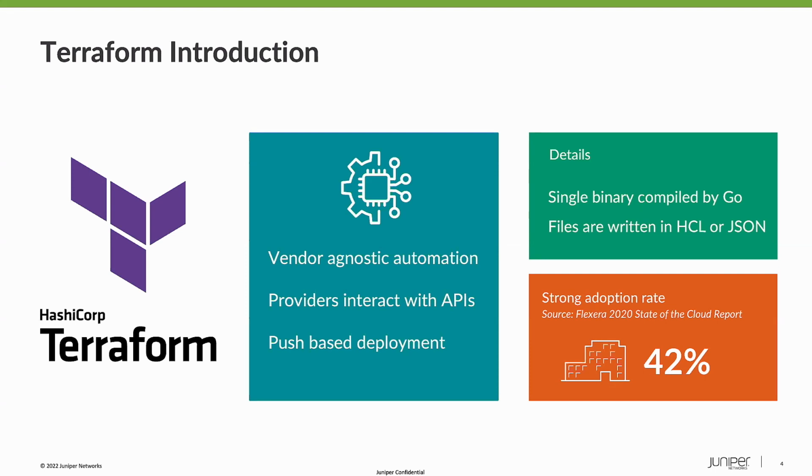And within Terraform, there's this construct that we call a provider. And a provider, you can think of it like a plugin, and no one's going to yell at you for calling it a plugin. Because what it actually does is it allows you to interface with a remote system's API. So in the traditional cloud examples, that would be the AWS APIs or Microsoft Azure or VMware vCenter, right?